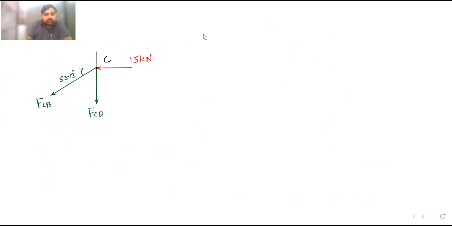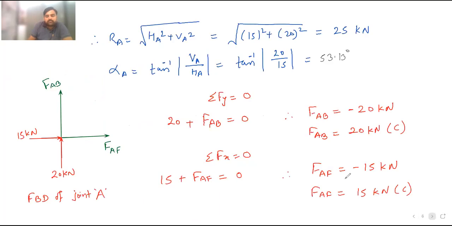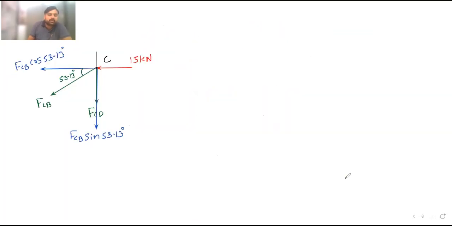So now you can resolve it. So if you resolve, you will get one component parallel to x, another component parallel to y. So here it is FCB cos of 53.13. Here FCB sin of 53.13. Any other thing is remaining at joint C, which we have not considered? Okay, we have taken everything.